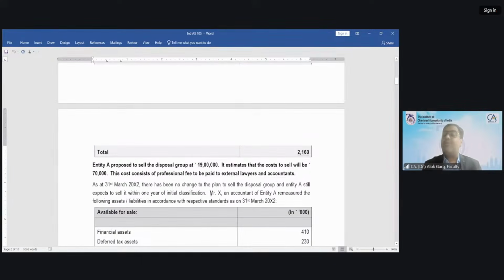So up to the reporting date, this group of assets has not been sold out, but yes, it is held for sale even on the reporting date. So friends, if there is a non-current asset held for sale or a disposal group held for sale and actually it has not been sold out on the reporting date, then it is going to be remeasured at what value?